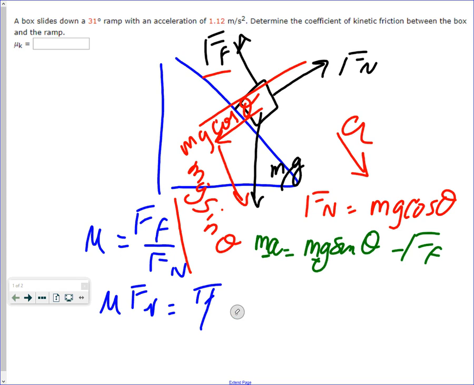I hate when I can't see what I'm doing. This is very disconcerting to write and have it actually not be in the right spot. Okay. Mu Fn equals force of friction. Let's substitute that in. What's Fn equal to? Oh yeah, it's equal to that.